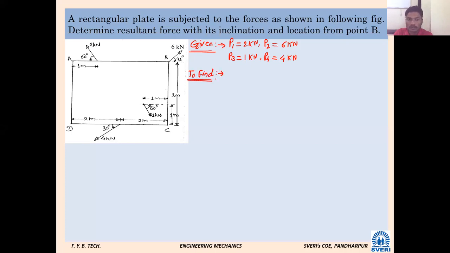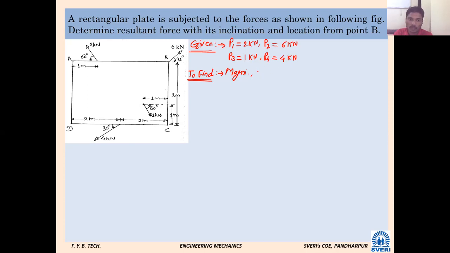Shall we solve together? Sir, first we will try the magnitude. Okay, first try it, at least up to the resultant. Once it is over, tell me.